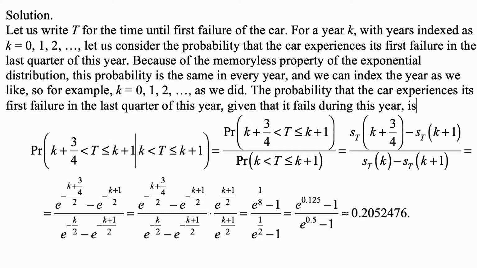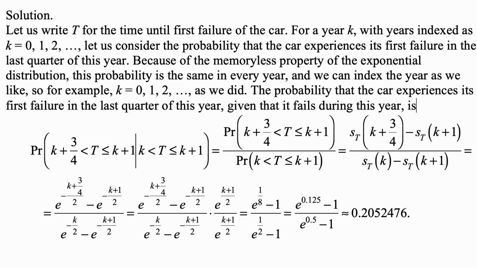Given that this is exponential distribution with mean 2, and therefore hazard rate of 1/2, the survival function is of the form e to the minus t over 2. So we get e to the minus (K plus 3/4) over 2 minus e to the minus (K plus 1) over 2, the whole expression divided by e to the minus K over 2 minus e to the minus (K plus 1) over 2.